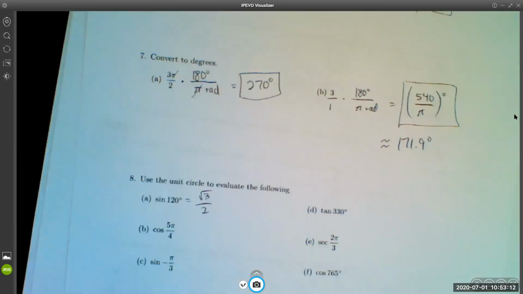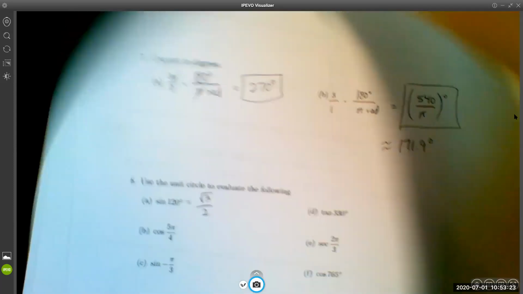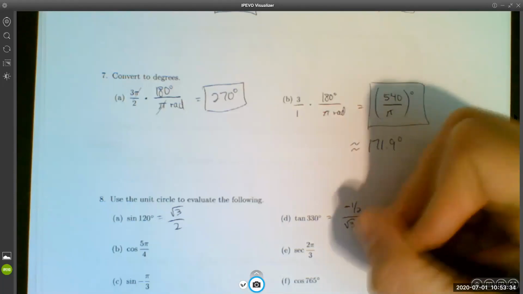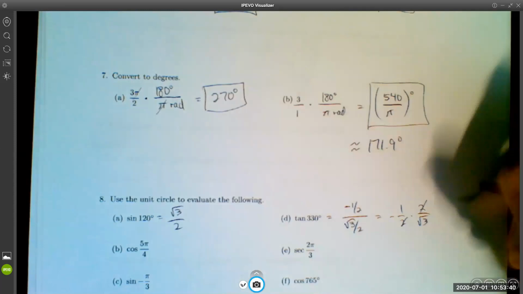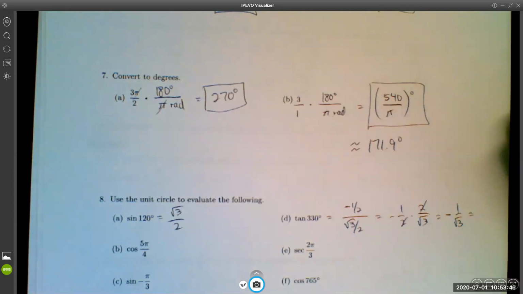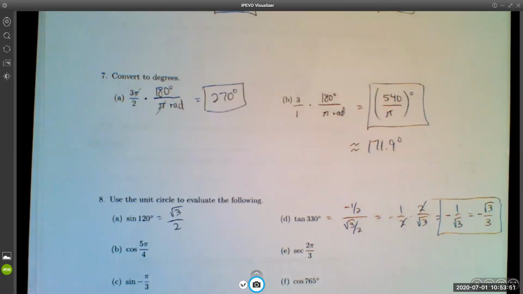Tangent 330 degrees. 330 degrees is right here. Tangent is y over x. So that's -1 over √3, or if you prefer the rationalized version, then it would be -√3 over 3. Either one of these is fine. Okay, so there's tangent 330 degrees.